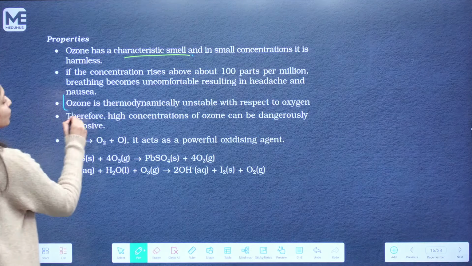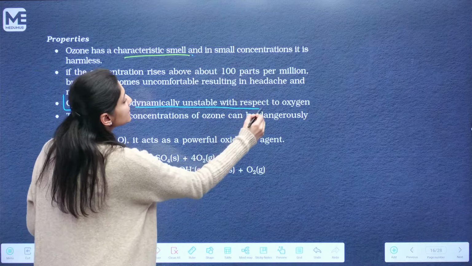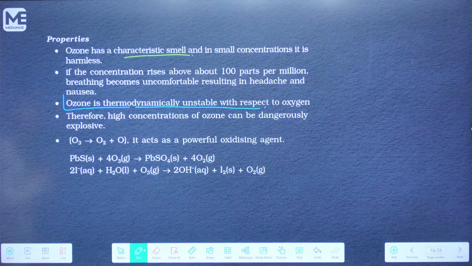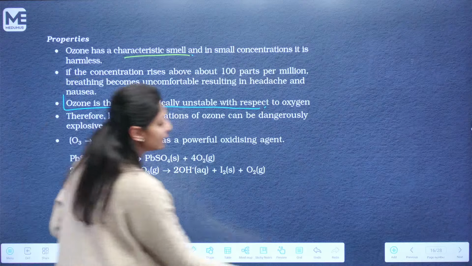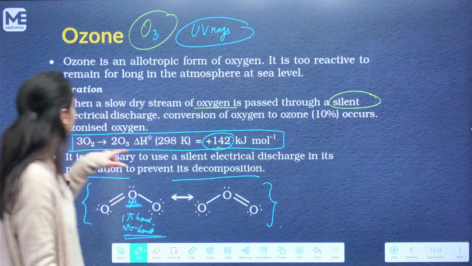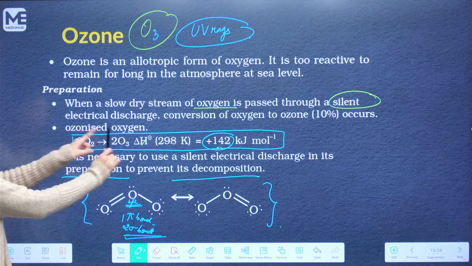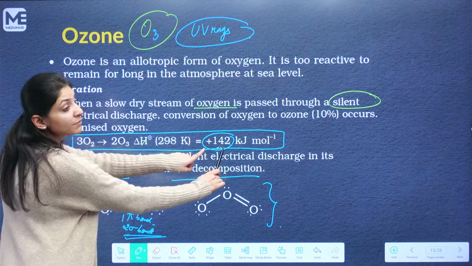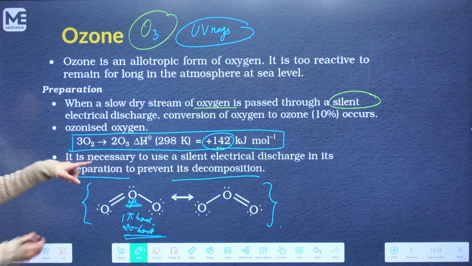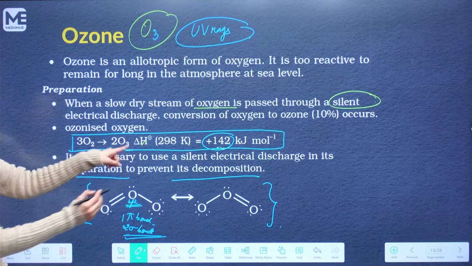Now, ozone is thermodynamically unstable with respect to oxygen. This can be inferred from this particular reaction here. Because the conversion of oxygen to ozone is endothermic, that means it is less stable thermodynamically compared to oxygen.